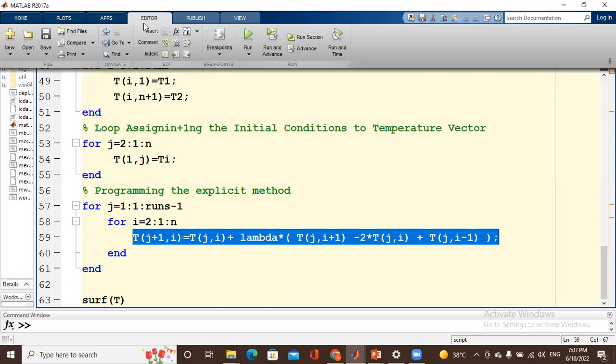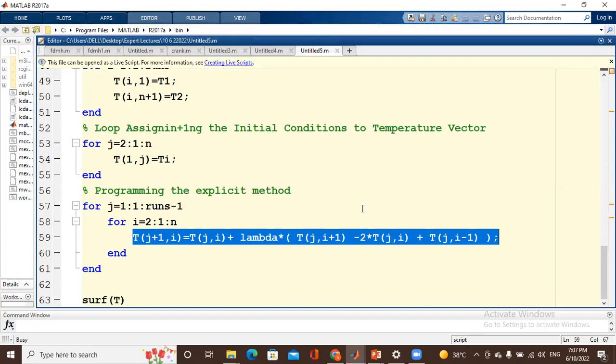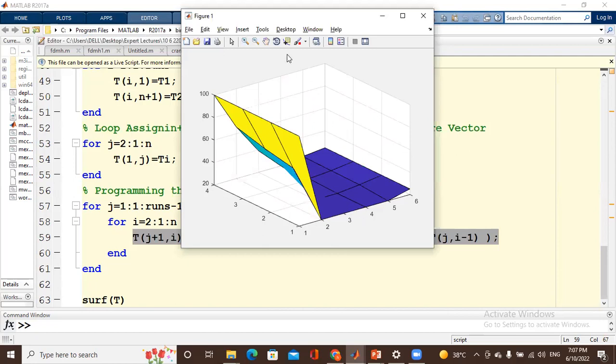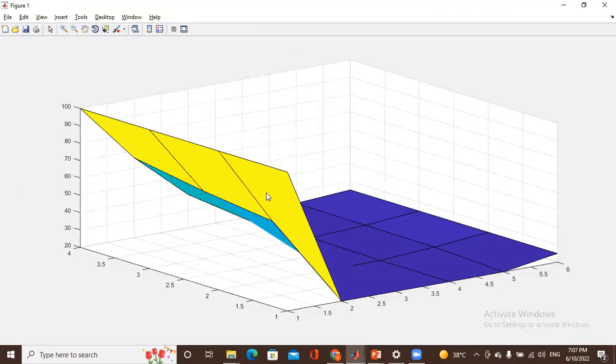Now when we run the program, we get the solution. So this one is the solution. Now how to check the different values?